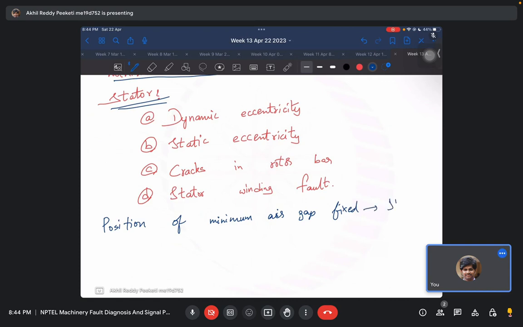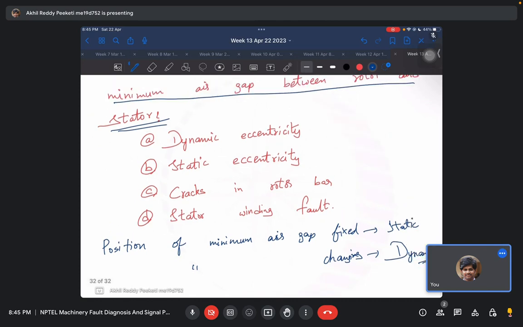If it is changing, then it would be a dynamic eccentricity, because the eccentricity keeps on changing position. Okay, so if you have a minimum air gap, the location of the minimum air gap.